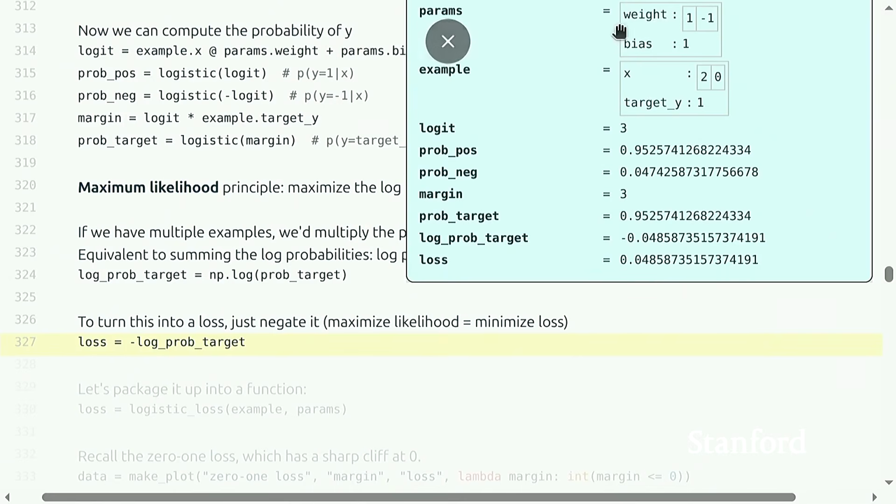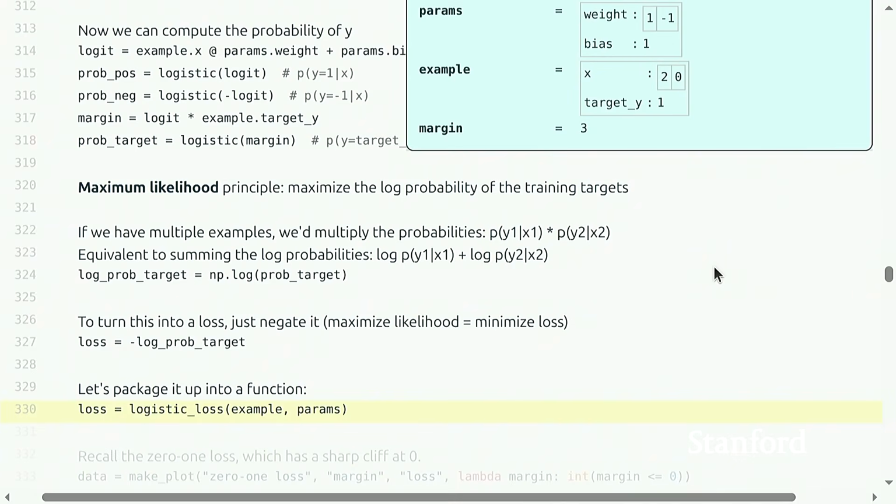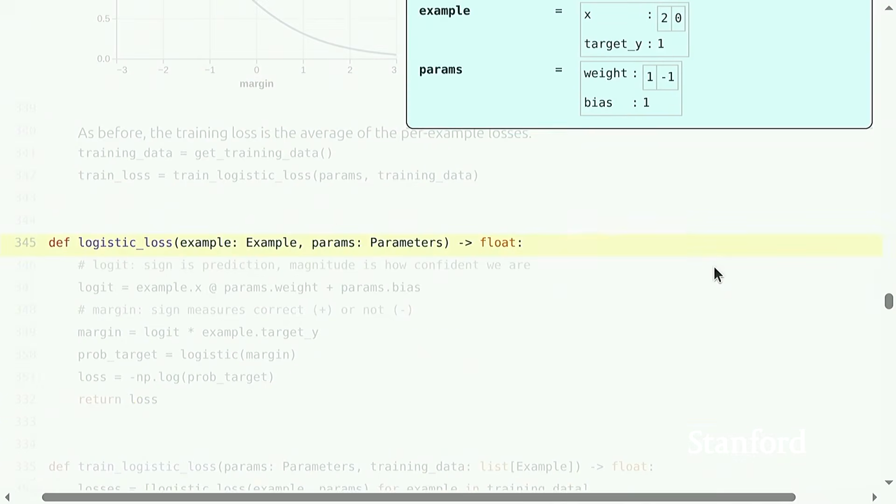Okay, so for this particular example, I went through all these derivations to compute a loss, which is a number that I want to drive down. Okay, so let me package it up into a nice function for you. So the logistic loss takes an example and a set of parameters.